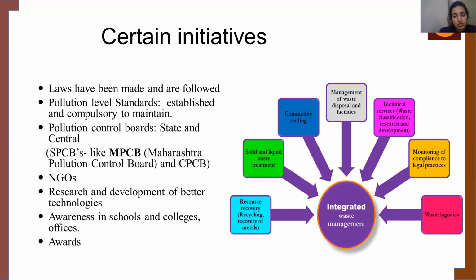Technical services should be given. Then monitoring how much the legal practices are being followed by the people should be done. Then waste logistics. So these are some of the initiatives taken by the government in order to control or to reduce the solid waste.